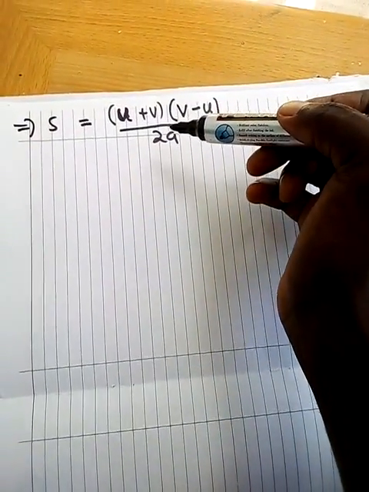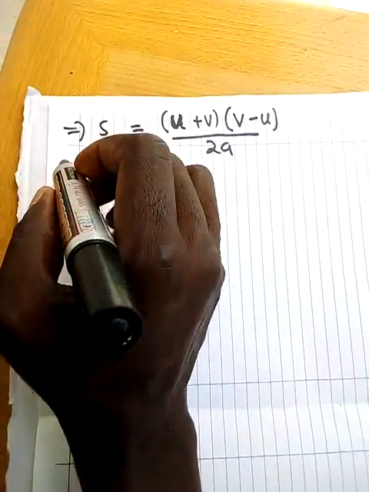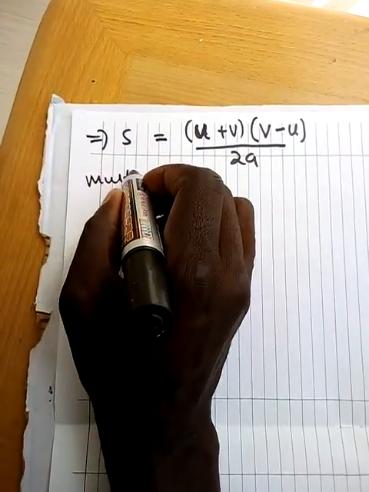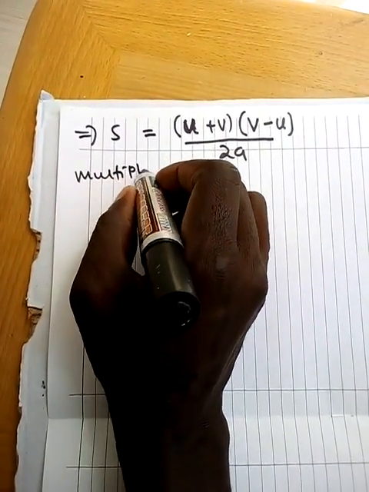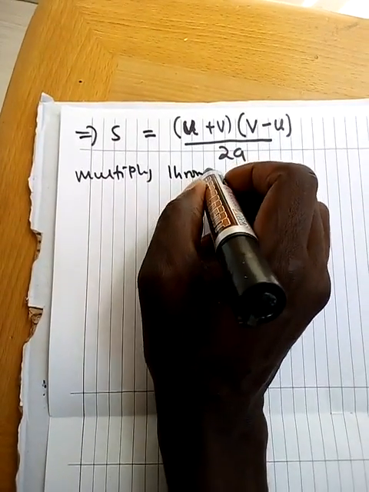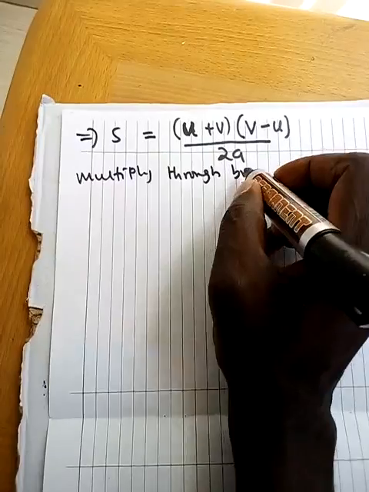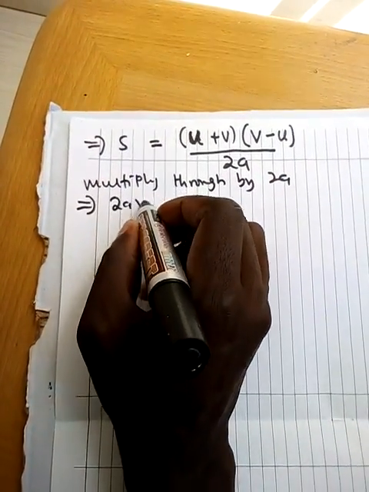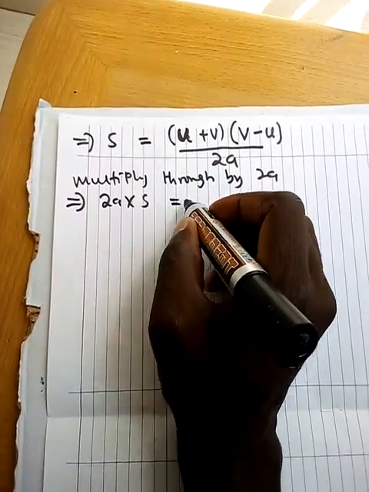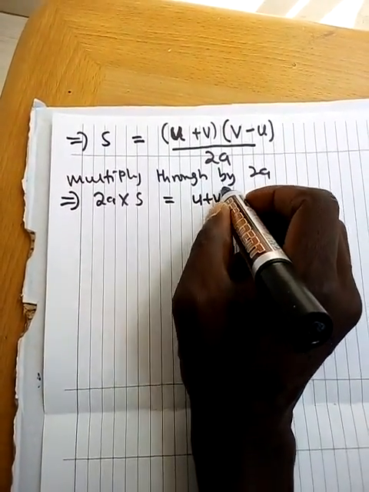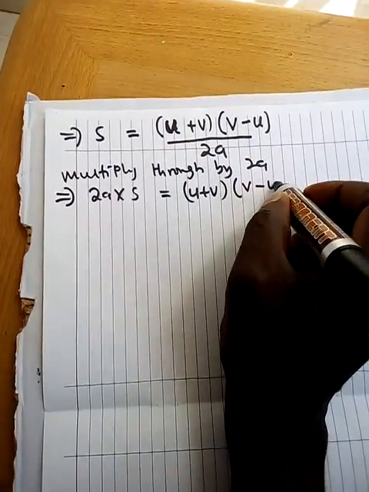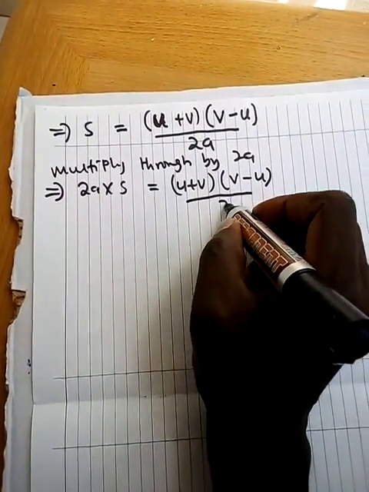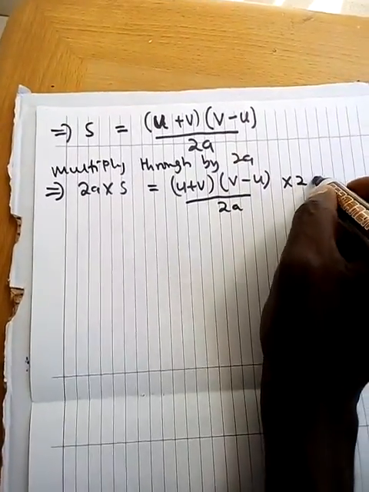Let me now multiply throughout by 2a. So what does that mean? We shall have 2a times s is equal to u plus v into v minus u divided by twice a, then multiplied by 2a.